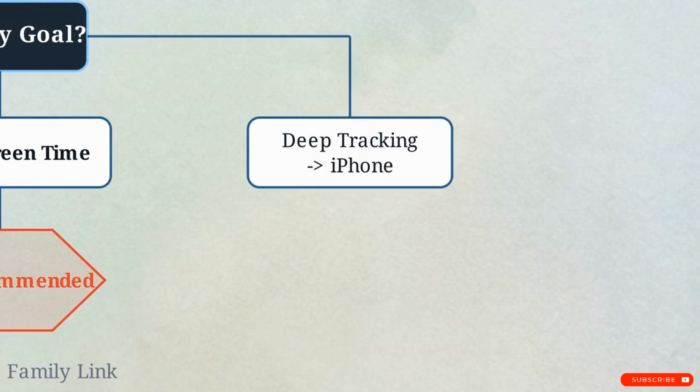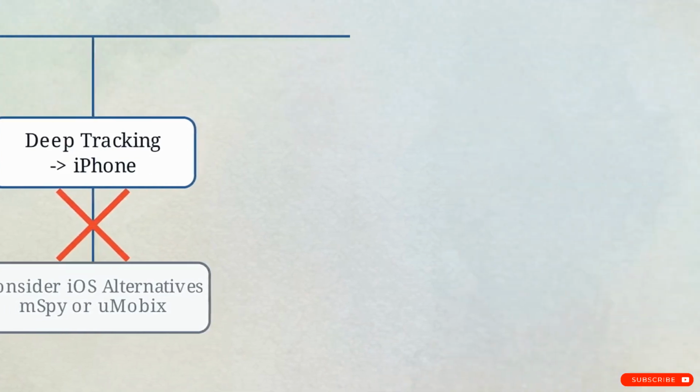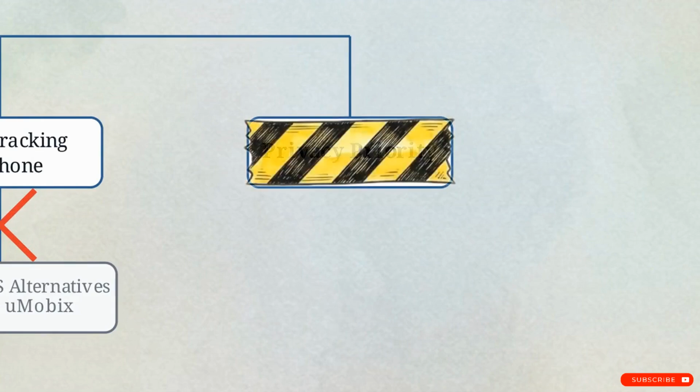If your family uses iPhones, you must also avoid this due to the severe data limitations. You are much better off looking at alternatives tailored for iOS, like mSpy or uMobix. If you are uncomfortable with unencrypted sideloaded apps and poor data privacy policies, you should immediately disqualify this tool.